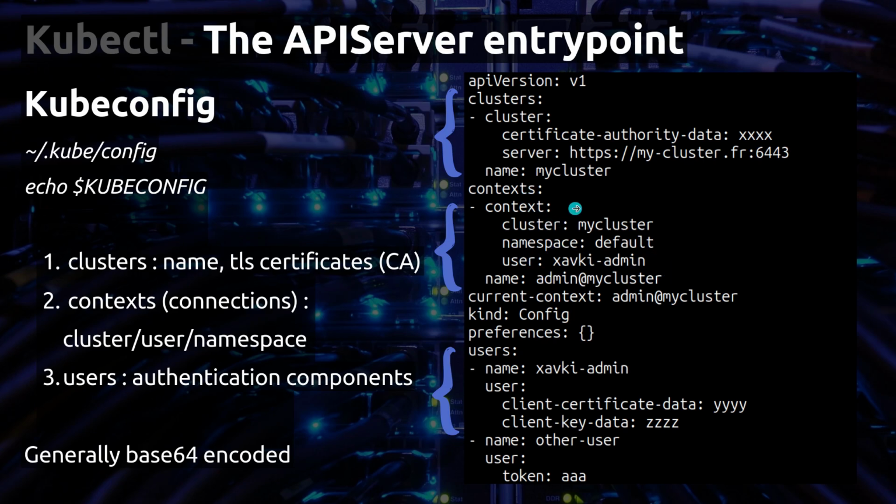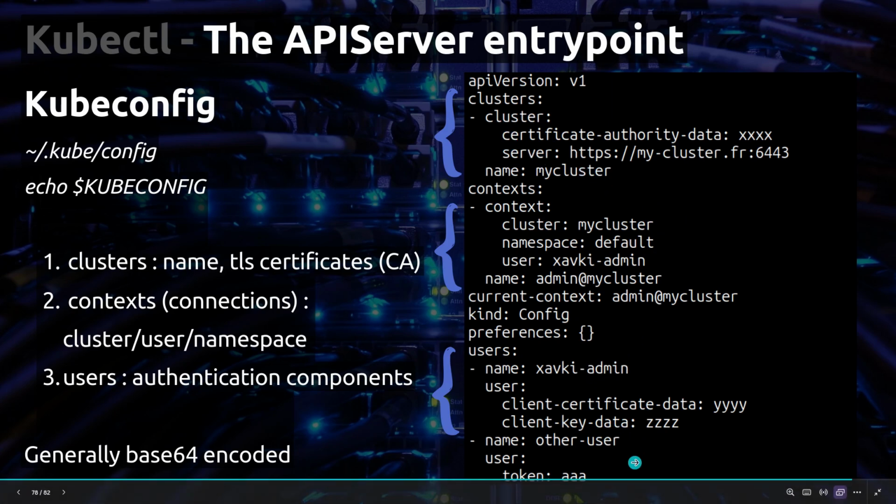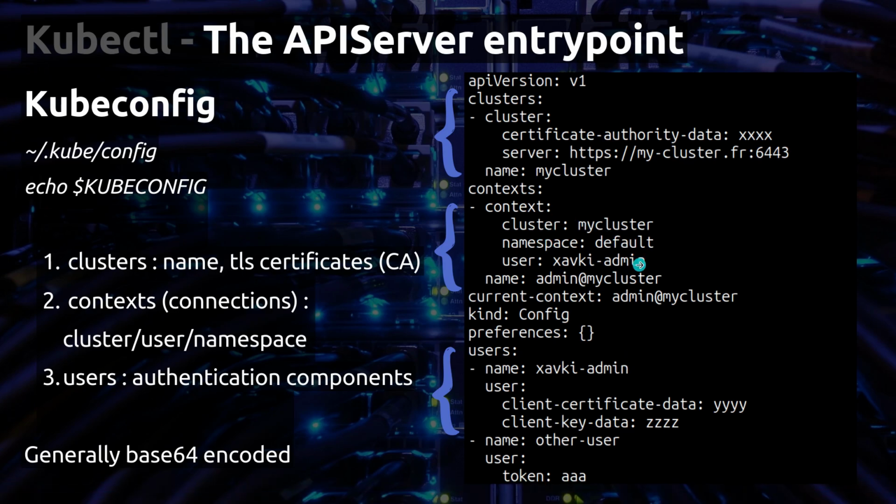So if you have many Kubernetes clusters, you have multiple clusters, multiple users, of course, and multiple contexts. So when you want to change which API server you use through your kubectl command, you need to change the context used. We'll see it later, of course. By default, the current context here is, for example, this one, but we have only one context, so it's easy.